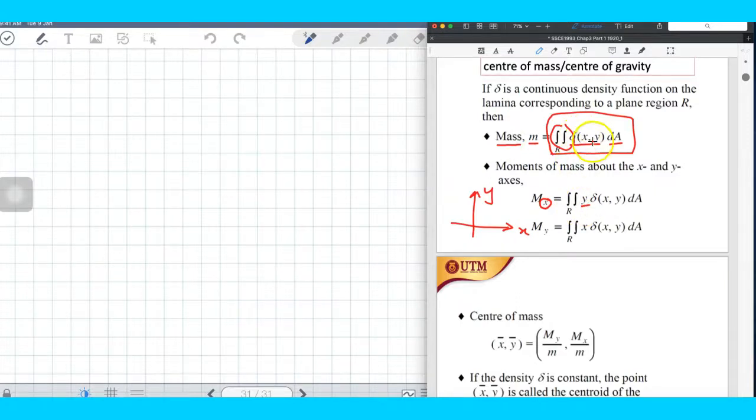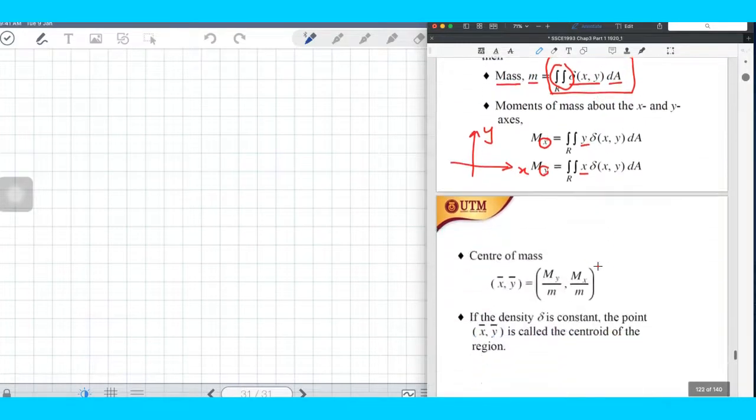You can see that the formulas for the mass and the moment look the same, only the integrand is different. For the moment of mass, you have to multiply by y or x. If they ask for the x axis, we put y. If they ask for the y axis, then you put x. That is the moment of mass.